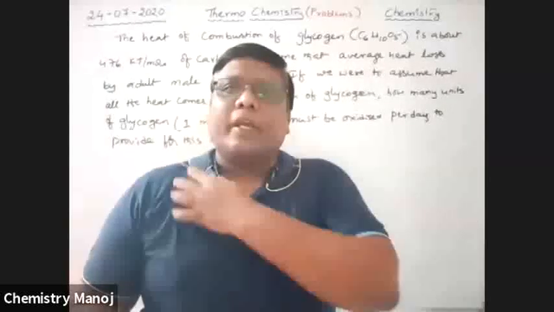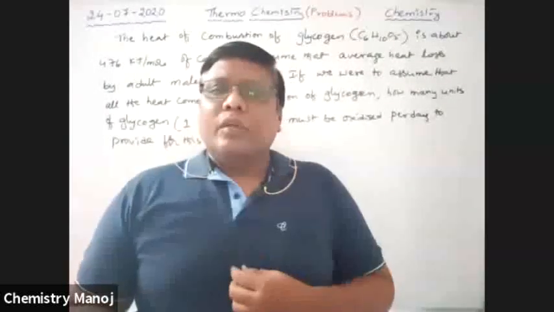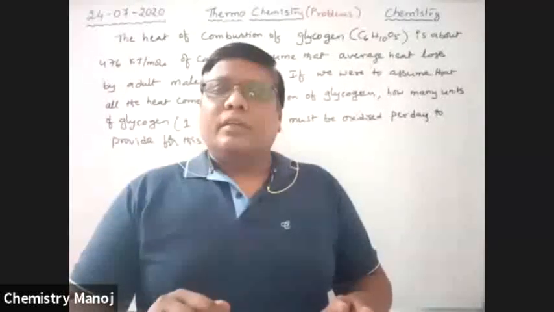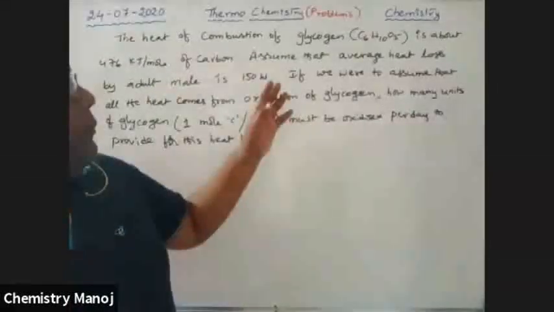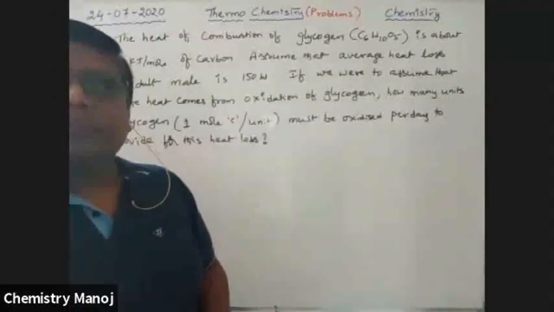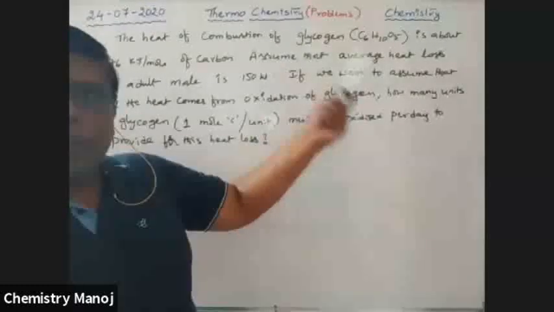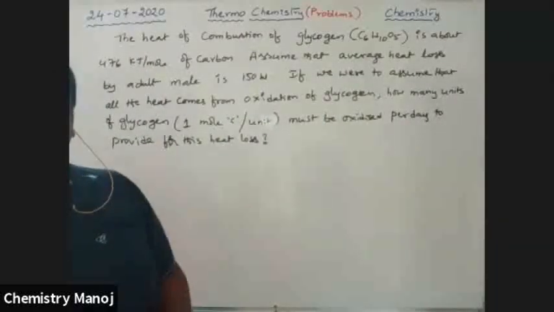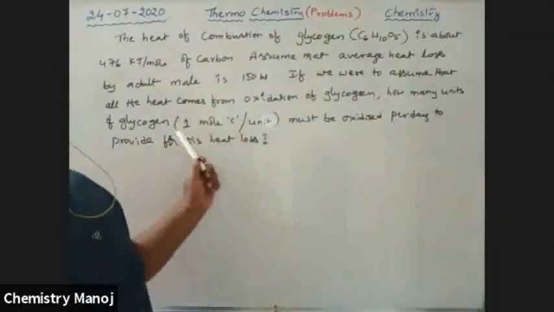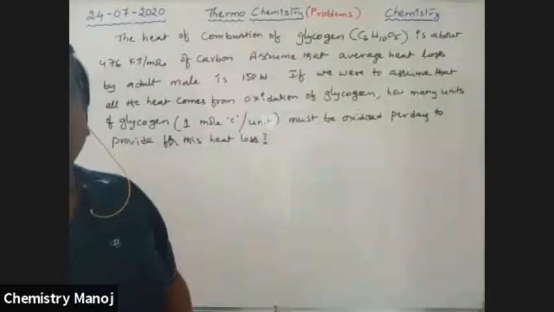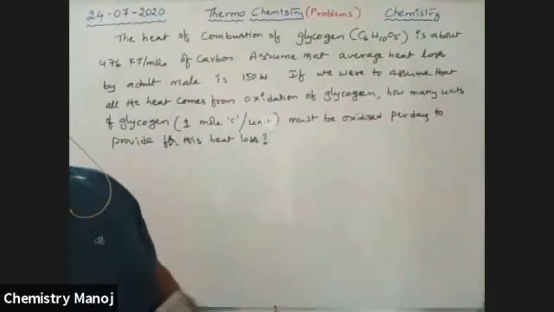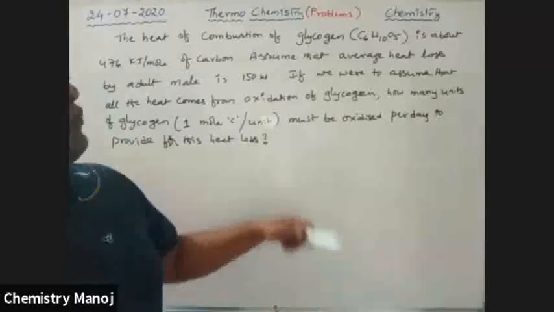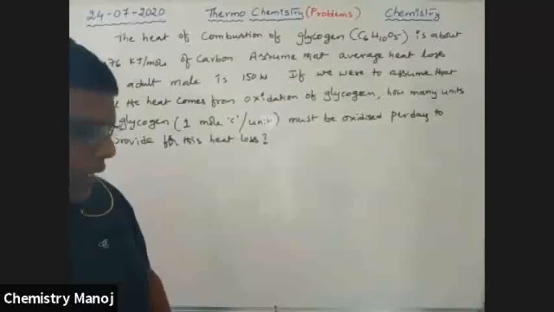That heat must be regained by the combustion of glycogen, which produces energy that is utilized by this adult. That means the heat lost by the male is equal to the heat gained from glycogen. So first of all, calculate how much heat is lost.